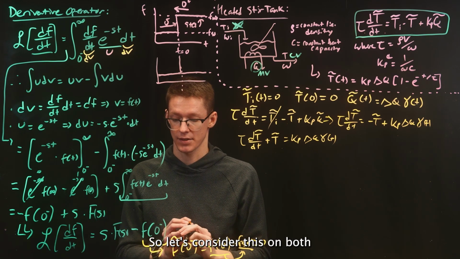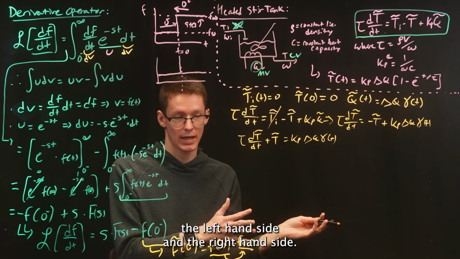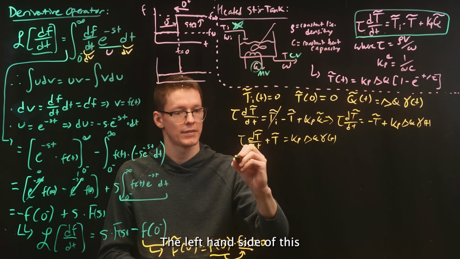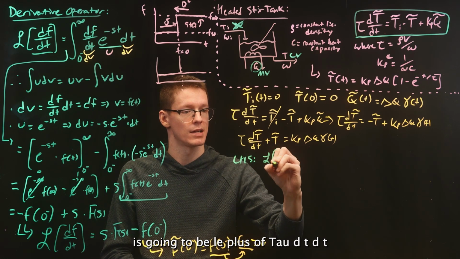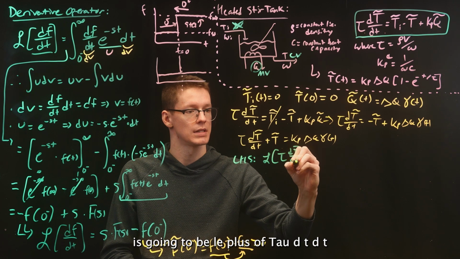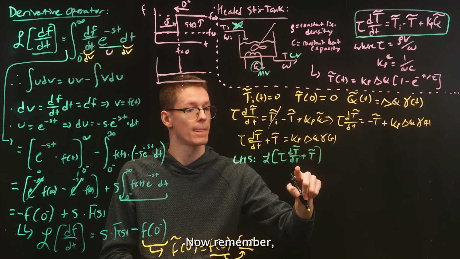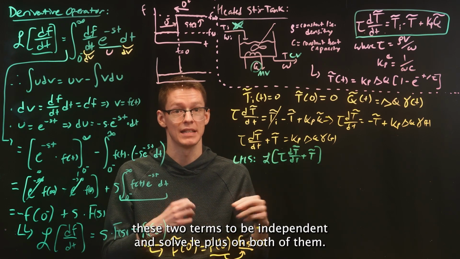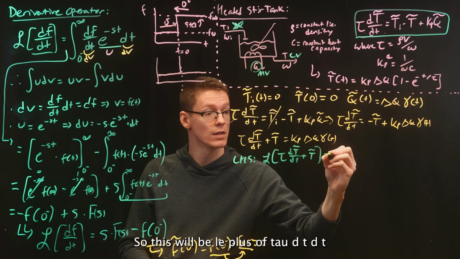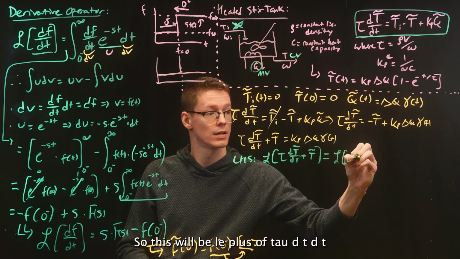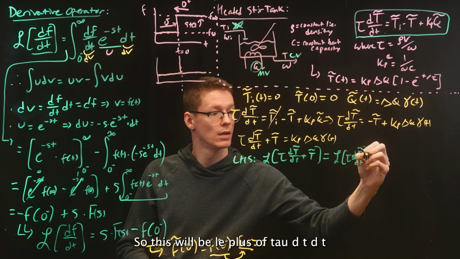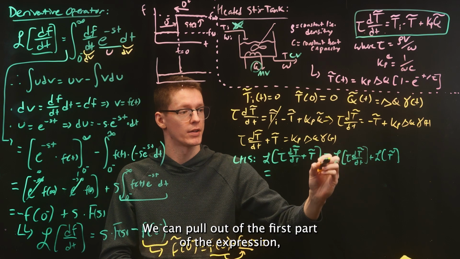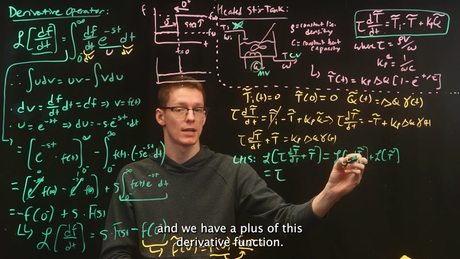So let's consider this on both the left-hand side and the right-hand side. Let's take the left-hand side, and I'll grab a new marker. The left-hand side of this is going to be Laplace of tau dT/dt plus T. Now remember, this can be based on a linear expression. So we can take these two terms to be independent and solve Laplace on both of them. So this will be Laplace of tau dT/dt plus the Laplace of T. We can pull tau out of the first part of the expression, and we'd have Laplace of this derivative function.